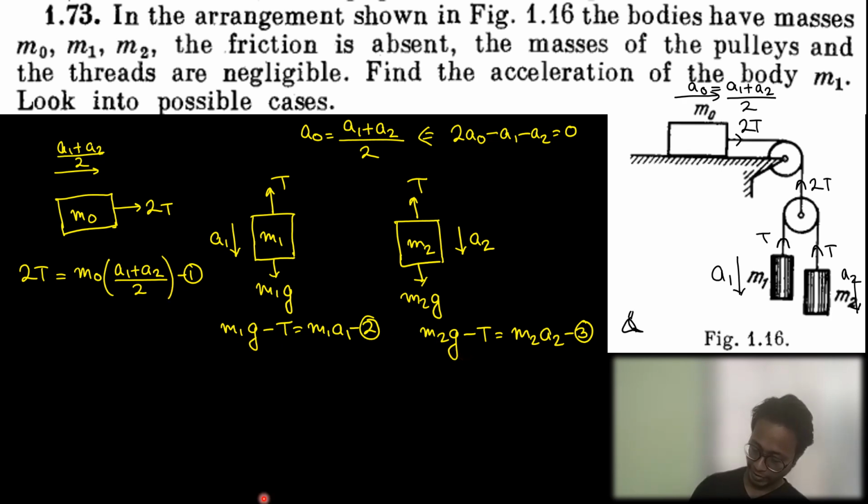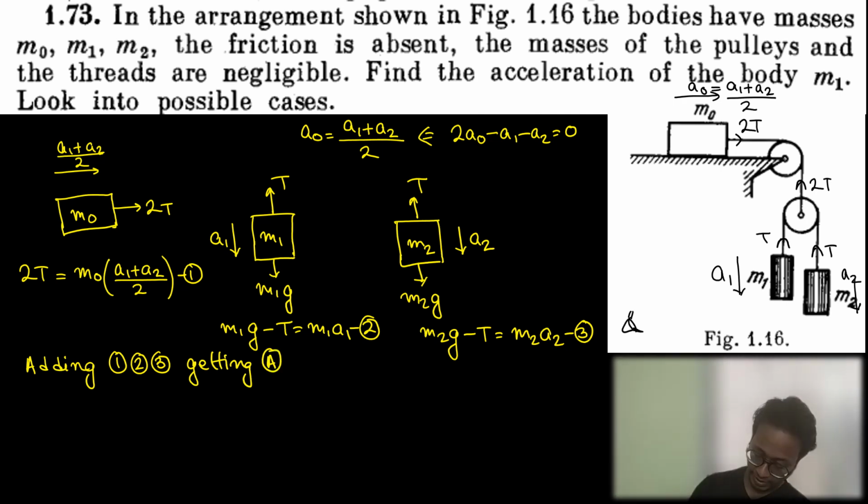Okay, the basic construct of solving this equation is, first I need to solve all 1 to 3, adding 1 to 3. Adding equations 1, 2, and 3 and getting a.